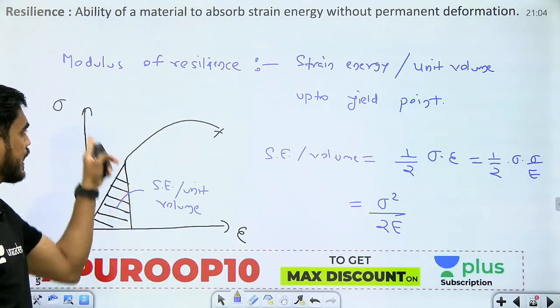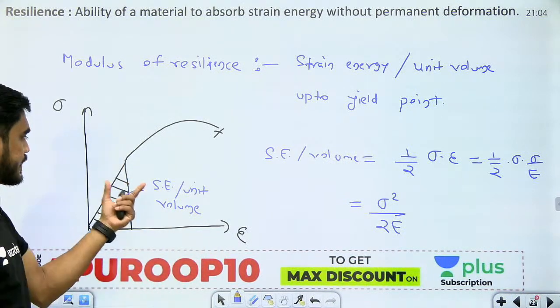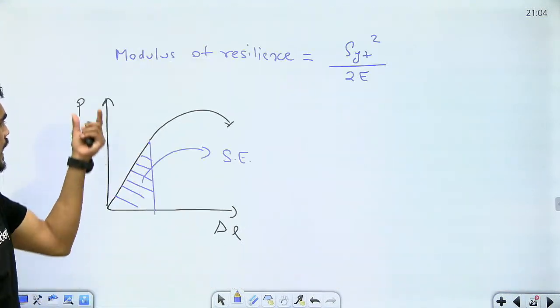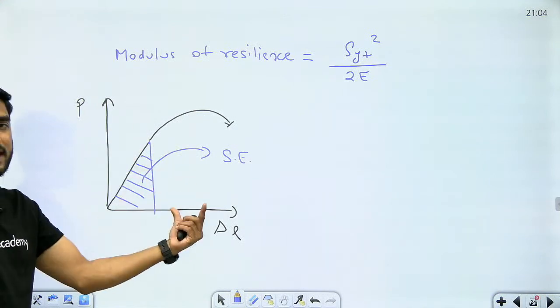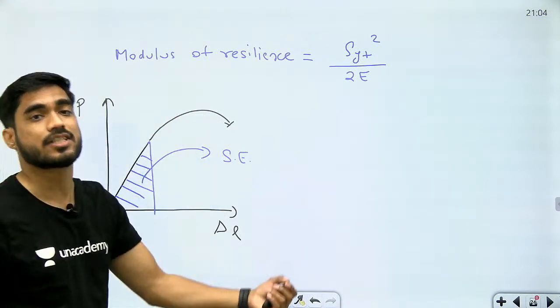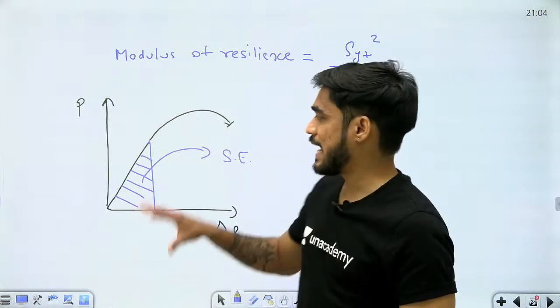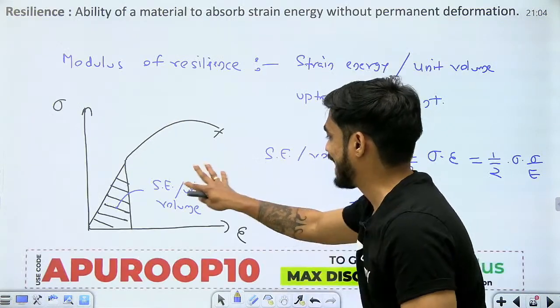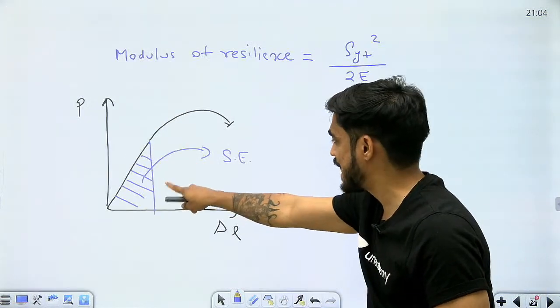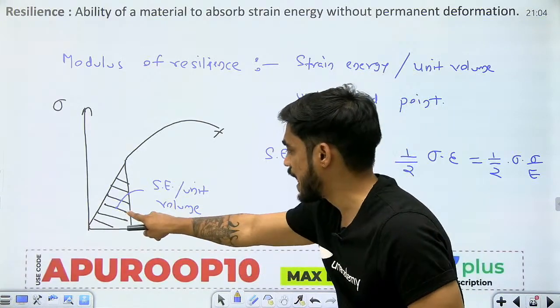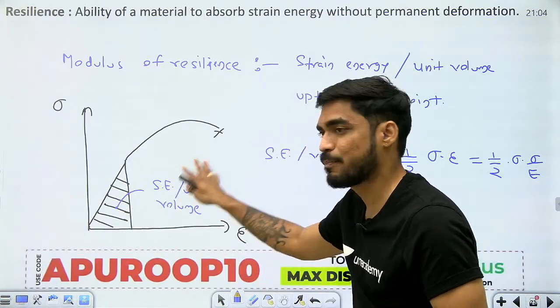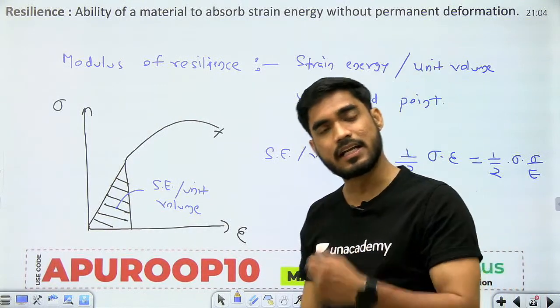The area under the curve in sigma epsilon curve is strain energy per unit volume, and area under the curve of load deflection is strain energy. Is it clear? Here you find the area, you will get strain energy. Here you find the area, you will get strain energy per unit volume. Is it clear to you?